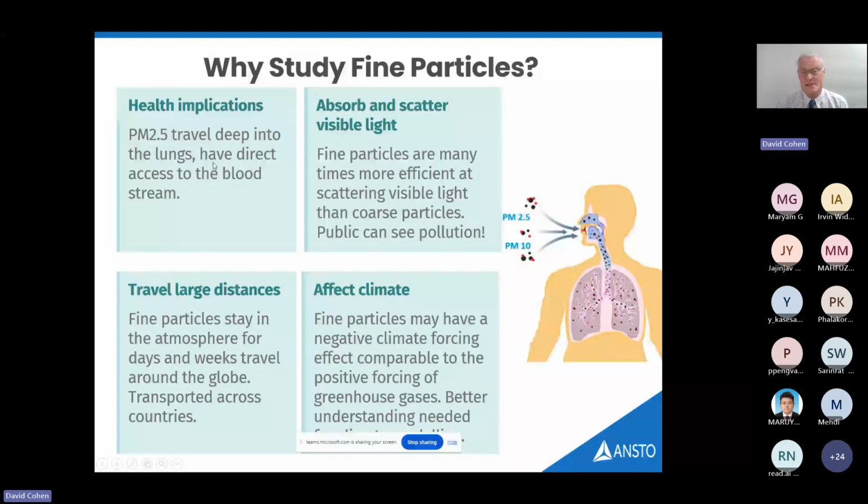The other thing is the physics of fine particles. We're talking about particles with 2.5 micron diameters and less. So let's see, if you take a 1 micron sized particle and you look at how light is absorbed and scattered, you find that when the diameter of the particle is comparable with the wavelength of the light, you get maximum absorption and scattering.